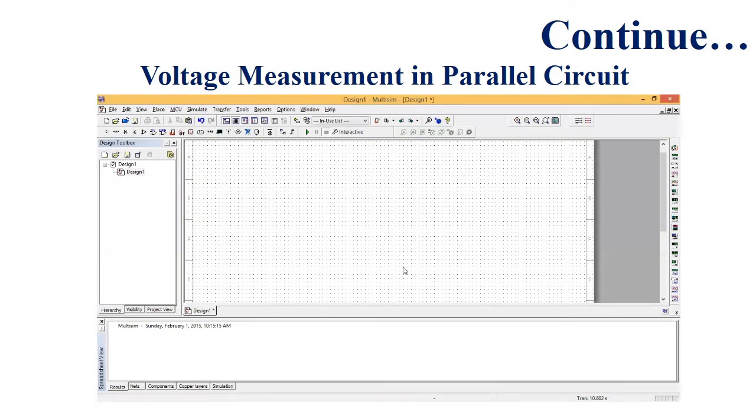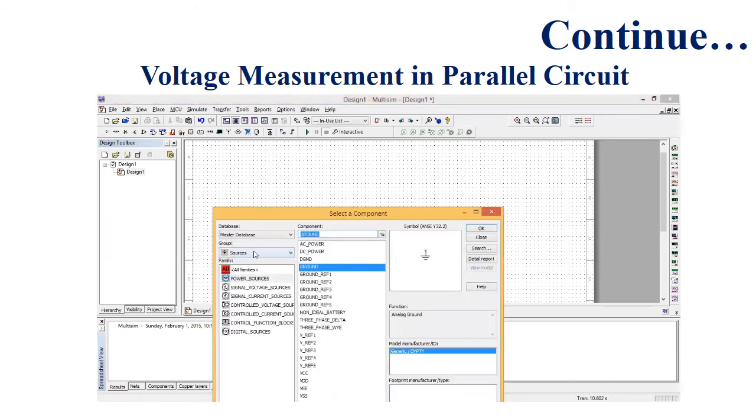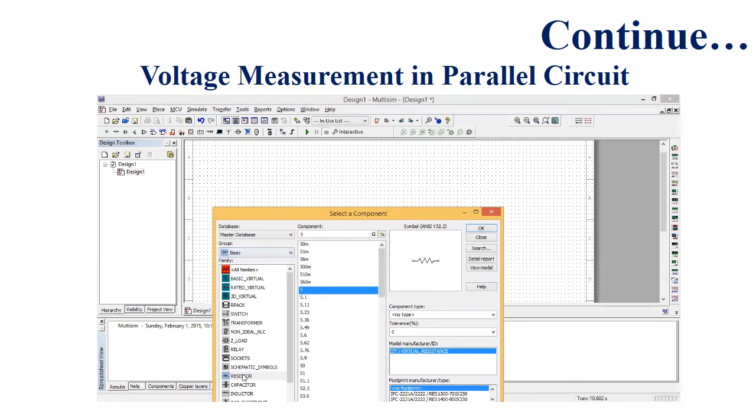Now in the second step, we are going to measure the voltage in the parallel circuit. So moving towards this block, then moving towards basic blocks, we have resistors.